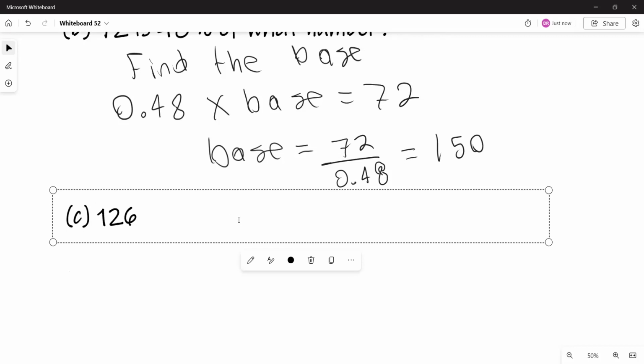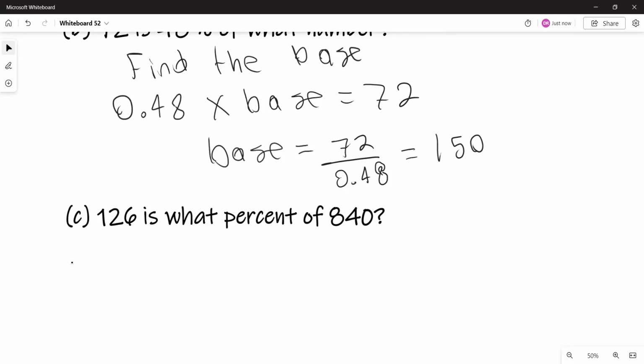126 is what percent of 840? We know the base is 840 and the amount is 126.